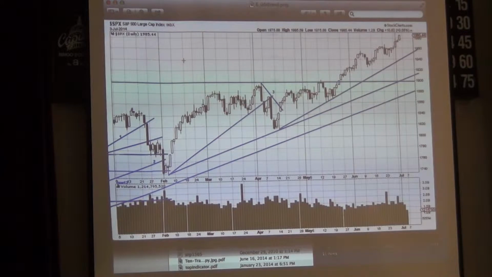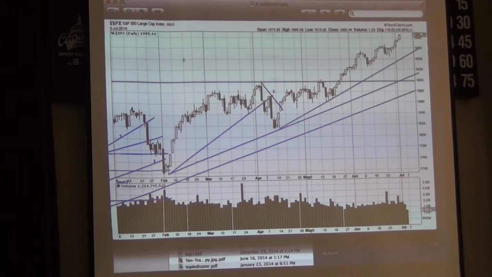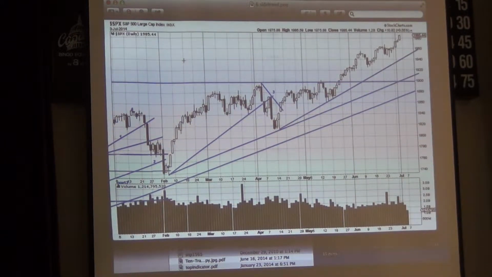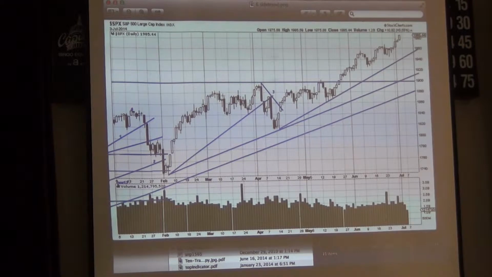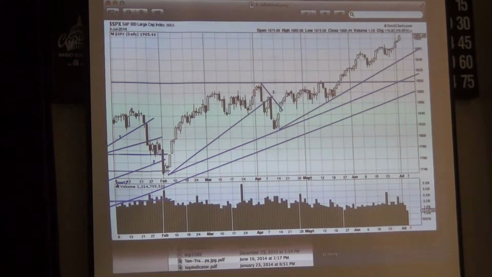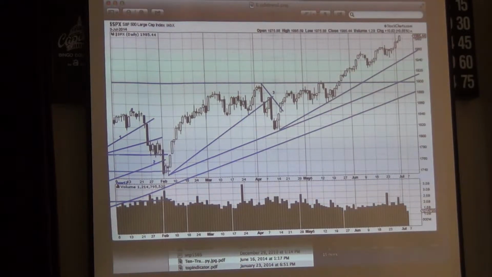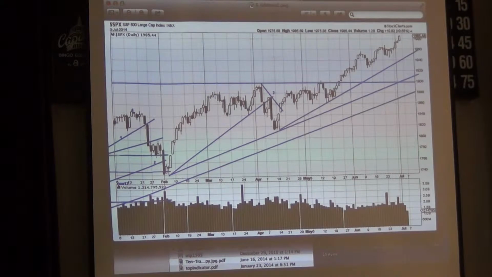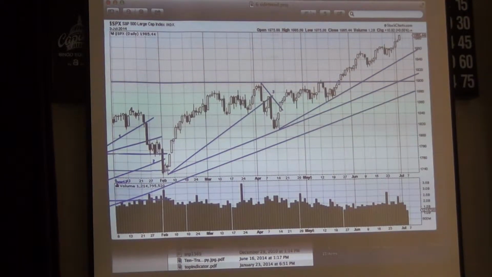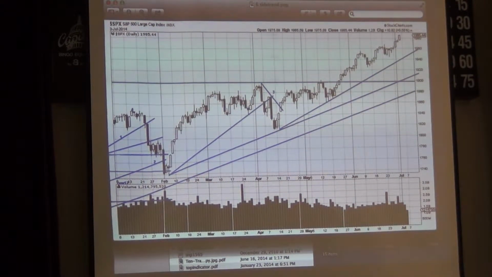For example, here's a sideways trend that we just saw in the S&P, where you see from basically from here to here, you have sideways movement, almost no movement in price whatsoever. Now, when this occurs, obviously, you could sell straddles.